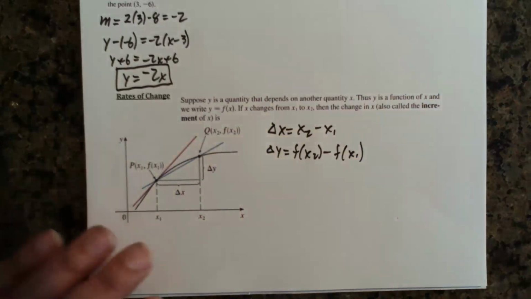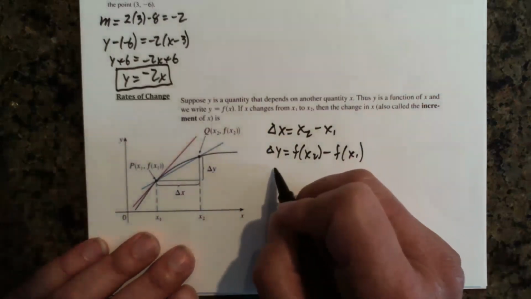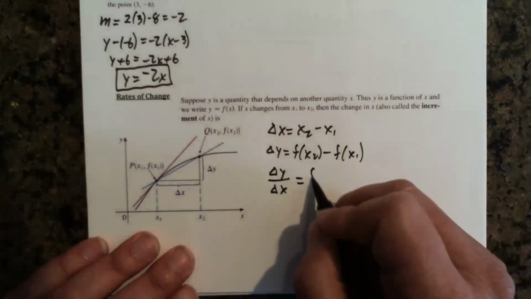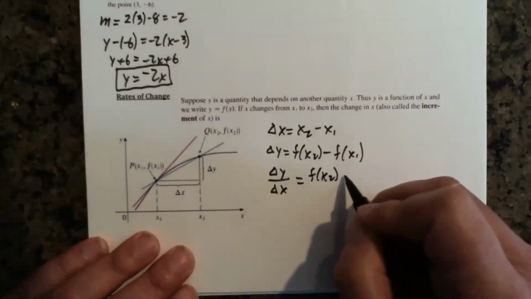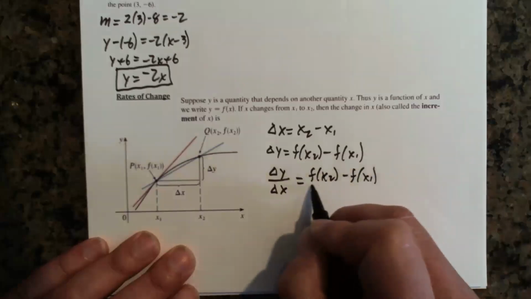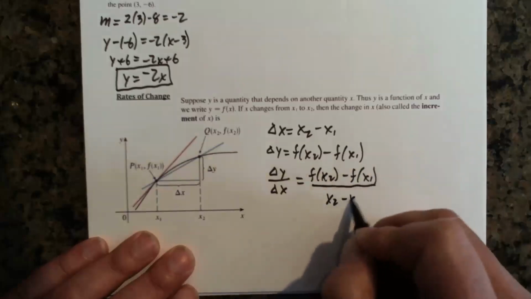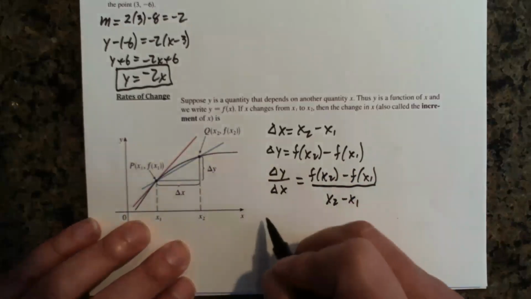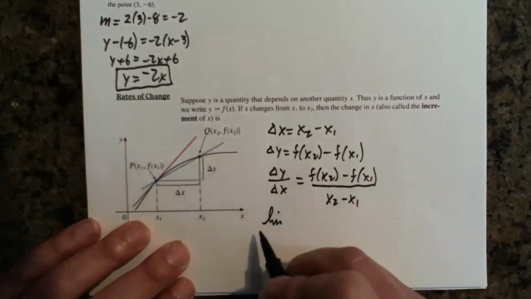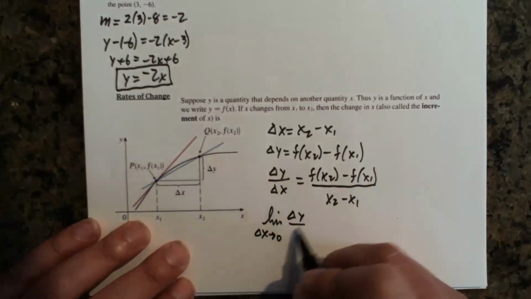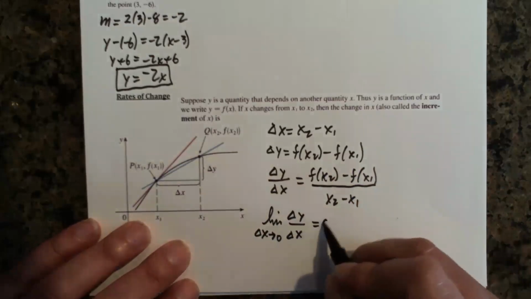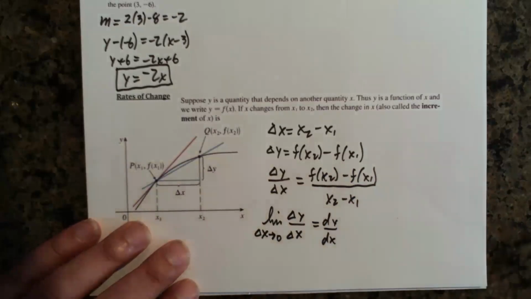And so delta y over delta x, which is here, is referred to as, and this here, so if we do the limit as delta x is approaching 0 of delta y over delta x, this becomes dy over dx, which we'll talk more about in another video.